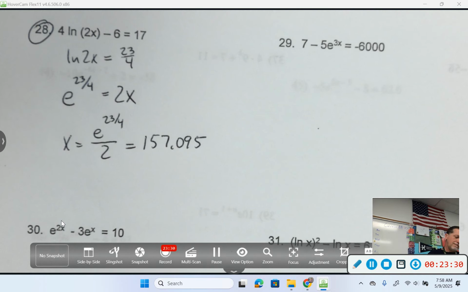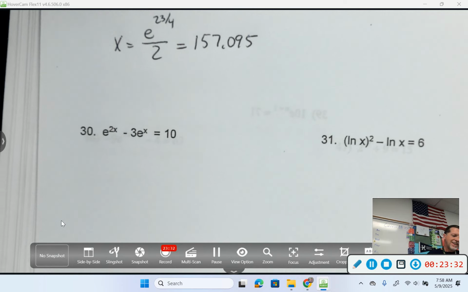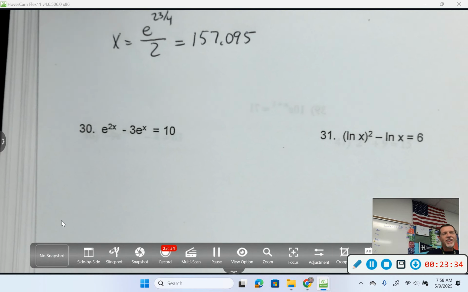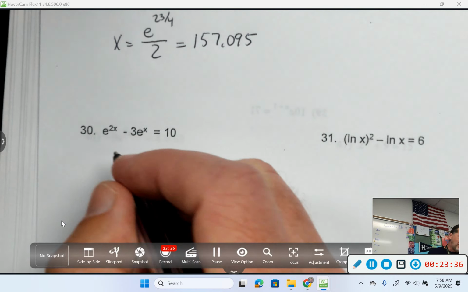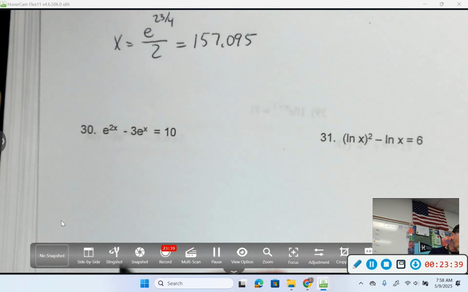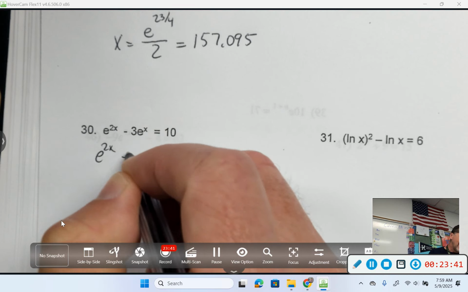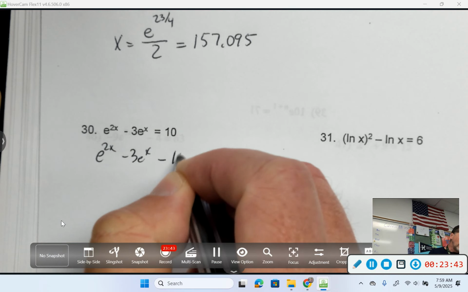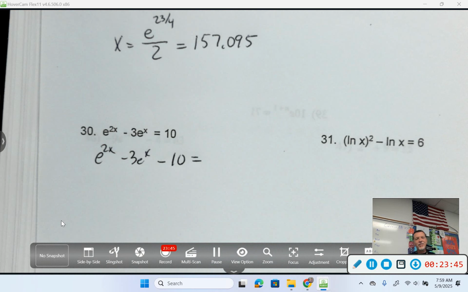Yes, sir? Number 30. Well, you got to 30 before I could tell you to omit 30, because 30 is a little bit weird. If you factored out e to the x, you'd have two factors that equal 10, but that doesn't really do you any good. That only works for 0.